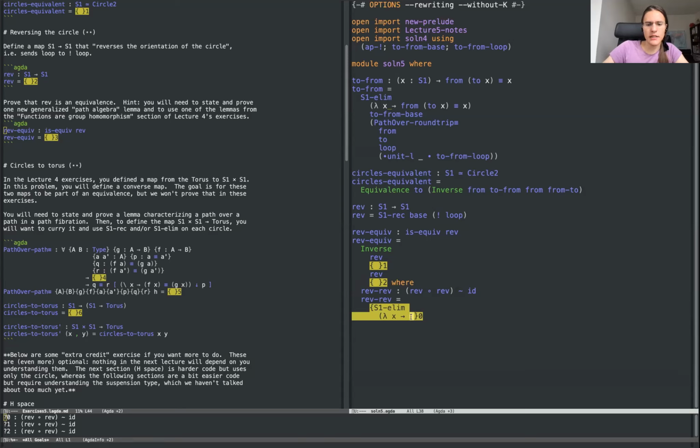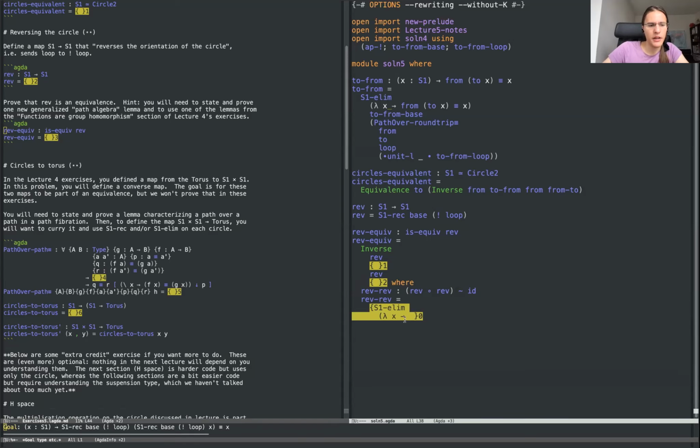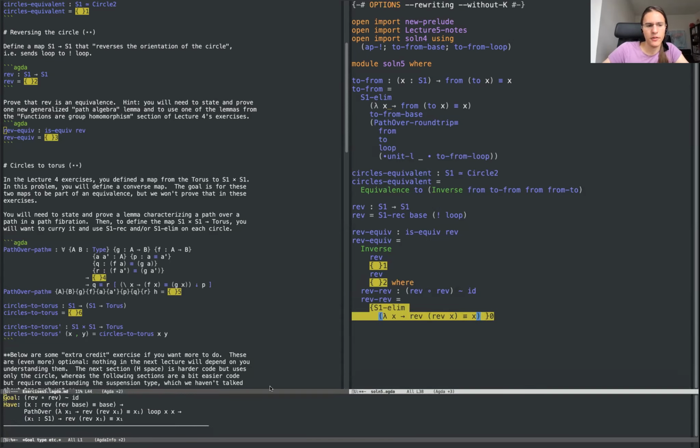So the motive that we're going to pass to the eliminator is that for all points x, we want to prove rev of rev of x is x. That's the motive. Then I need to prove that rev of base is base.